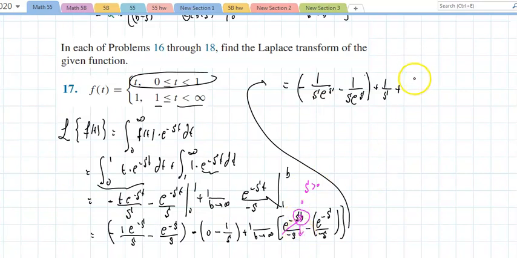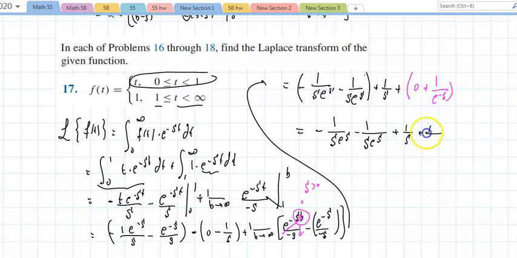That will be a 0 plus 1 over e to the negative s. So altogether I have negative 1 over s e to the s minus, of course that's 2 of those, right? Unless I messed up somewhere, plus 1 over s plus 1 over e to the s. Oh, that's not a negative, that's a positive.